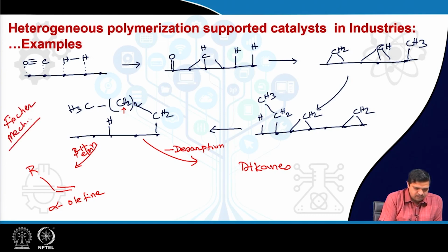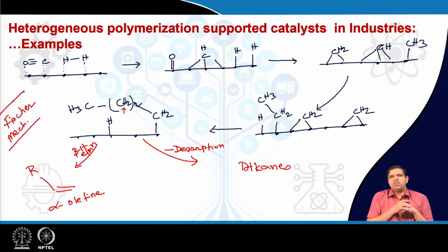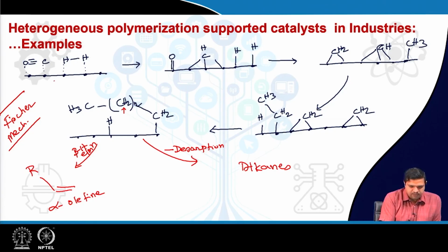As I told, there are different mechanisms postulated by different groups. This is one of the simple examples, okay. So you can understand that this is the physisorbed carbon monoxide, this is the chemisorbed carbon monoxide and H2, and in a similar way the polymerization reaction happens, and you will get the lower alkanes.